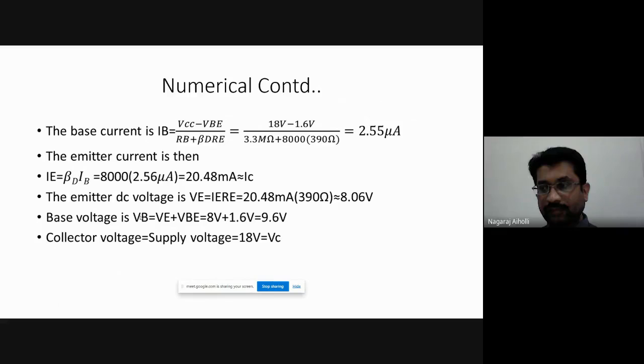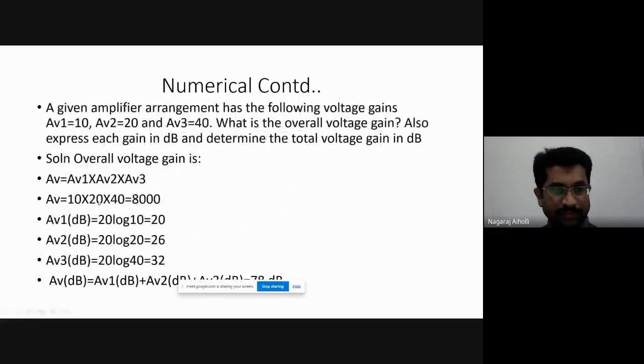Ten into 20 is 200. 200 into 40 is how much? 8,000. Correct? Yes, it is 8,000. So 10 into 20 is 200, and 200 into 40 is 8,000. This is the total gain of the amplifier.